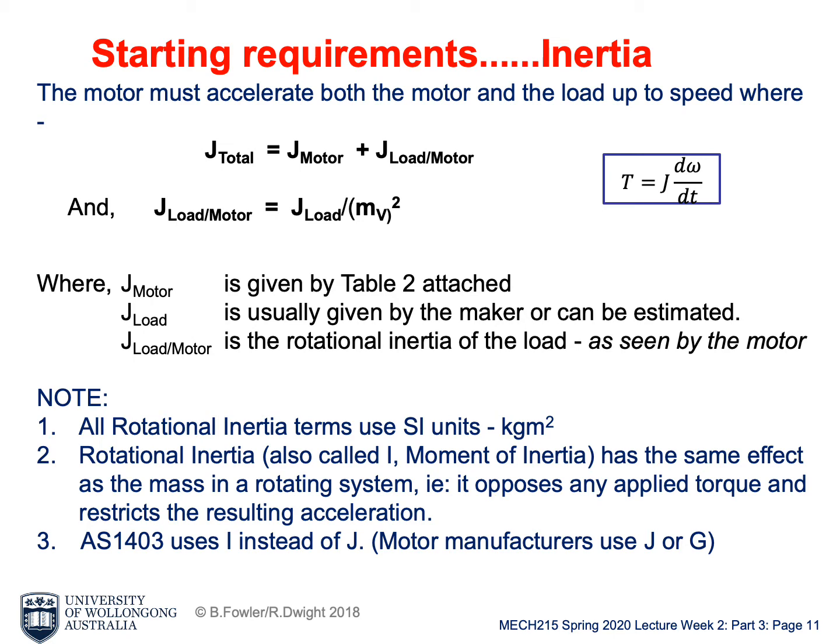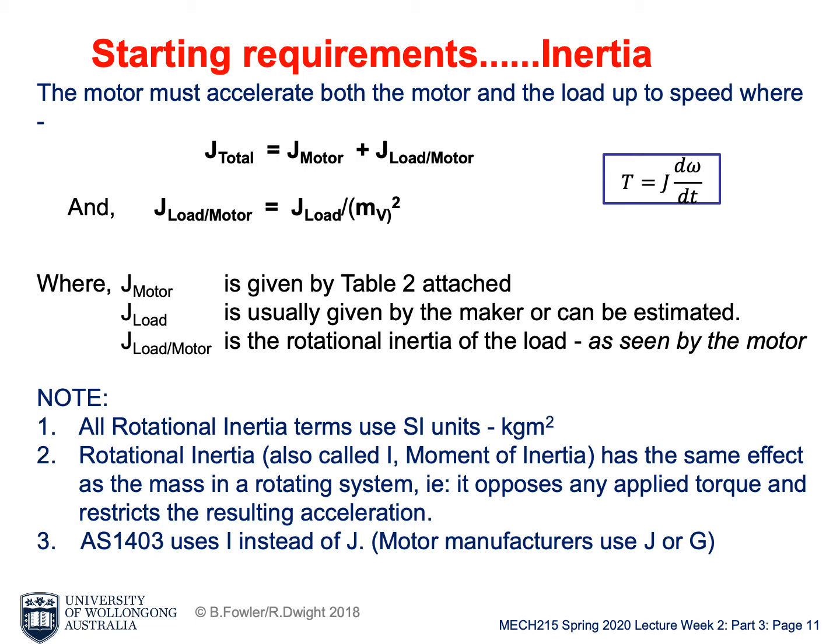So that will include the moment of inertia of the motor itself plus the moment of inertia of the load, transferred from the gearbox back to the motor. We need to add these two together and make sure this number is small enough, not over the limit.